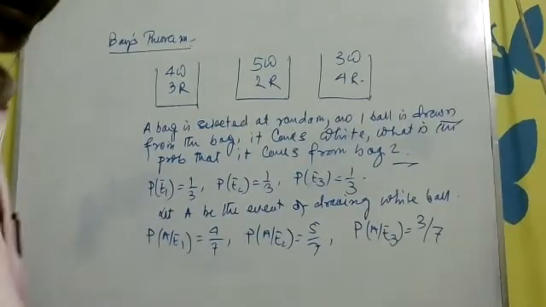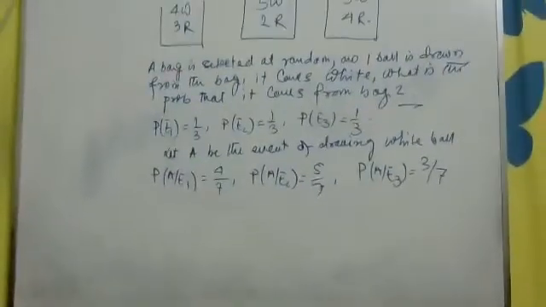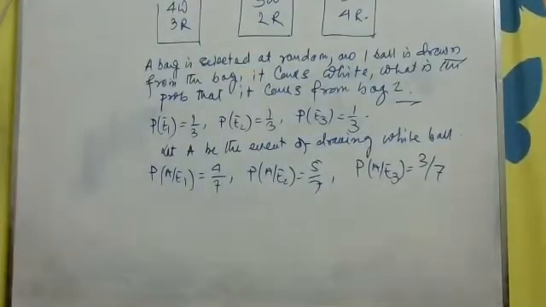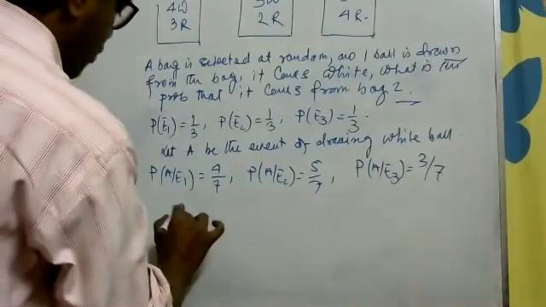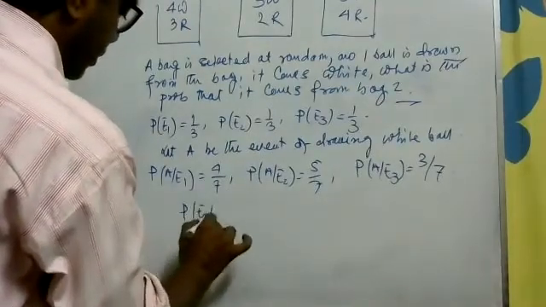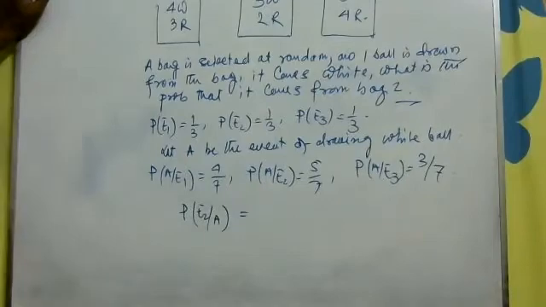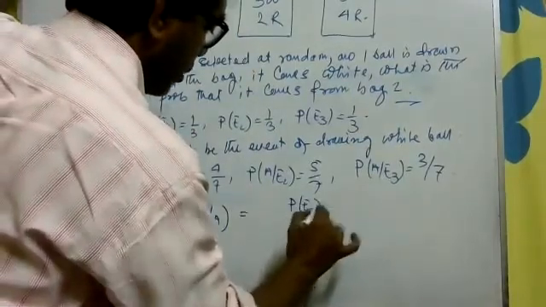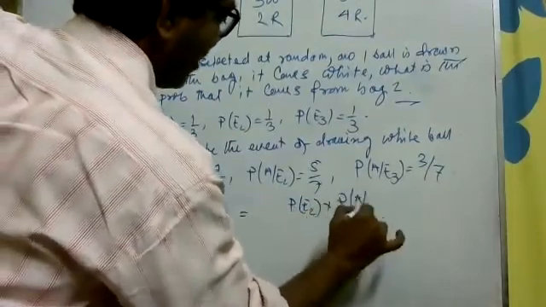Clear? Now, in your sums, they ask you what is the probability that it comes from bag 2. That means I have to find the probability of E2 by A. So, what are your favorable cases? Probability of E2 into probability of A by E2.